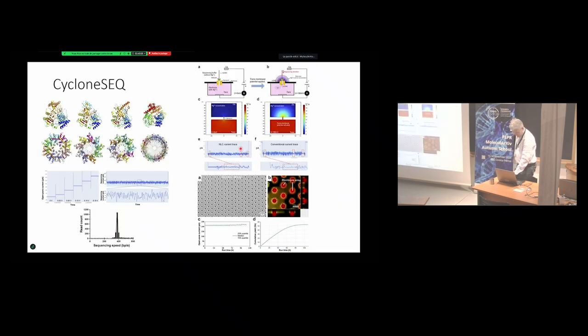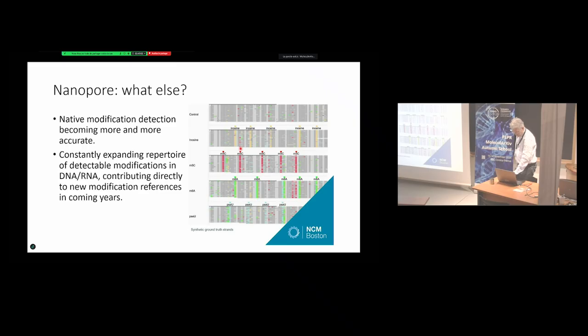So this is just an illustration of the CycloneSeq. And what is also quite interesting in the case of the nanopore, but which is not necessarily directly in line with what we do in MoleculArXiv, is the capacity to also detect native modification, and that is becoming more and more accurate in the case of this Oxford Nanopore. They are in particular working constantly to expand the repertoire of detectable modification of DNA and RNA.